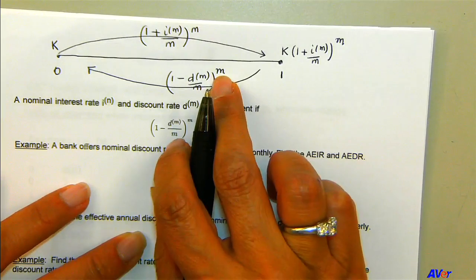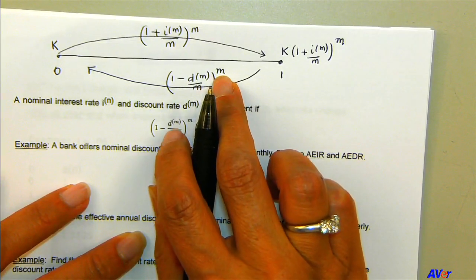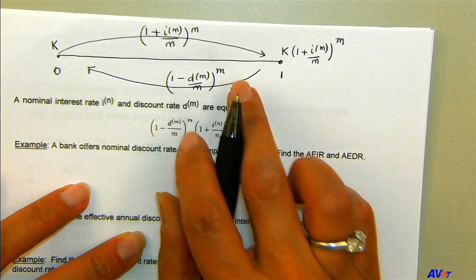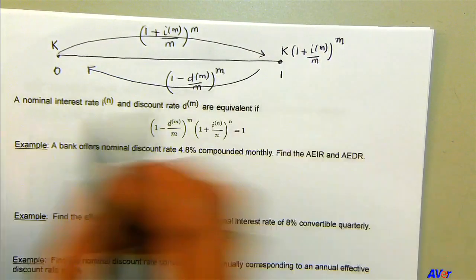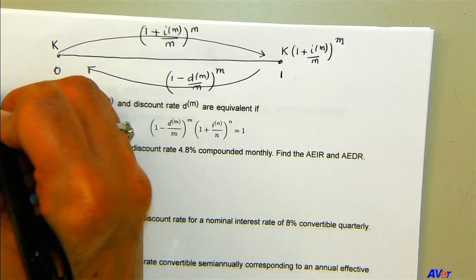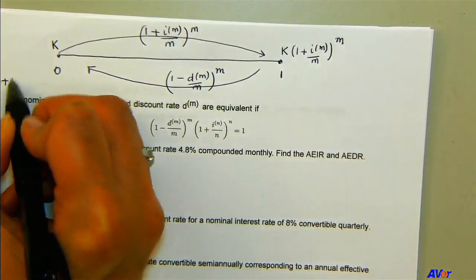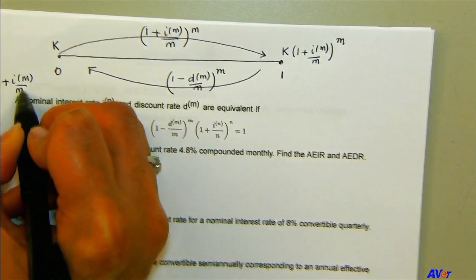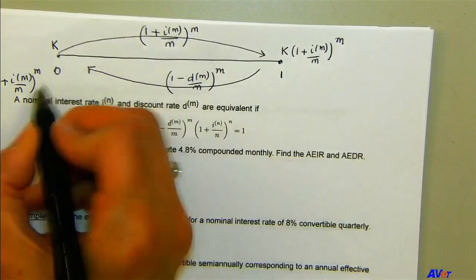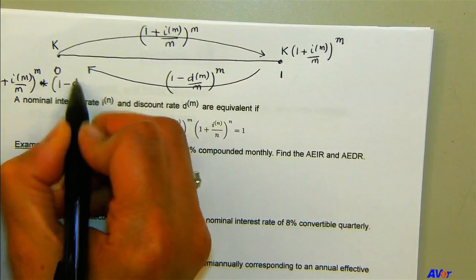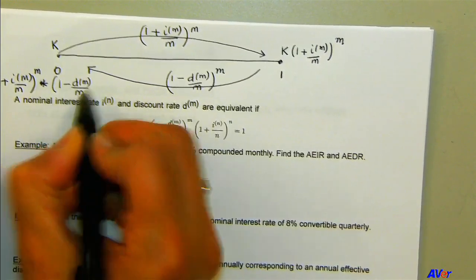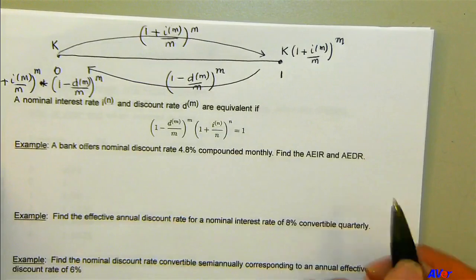That's why this doesn't have a minus exponent. I'm going forward and then discounting back. So here I would get k times (1 plus i^(m) over m) to the mth power times (1 minus d^(m) over m) to the mth power.